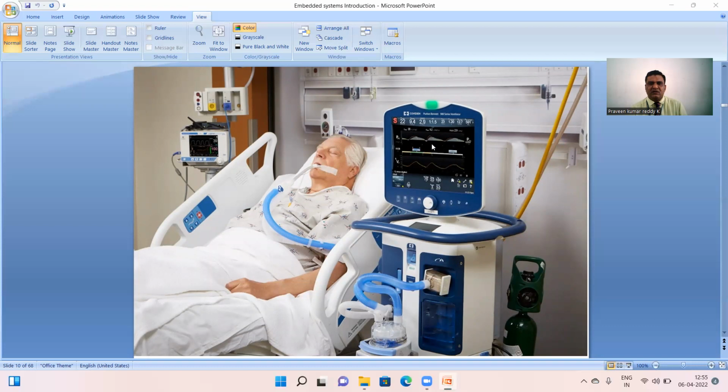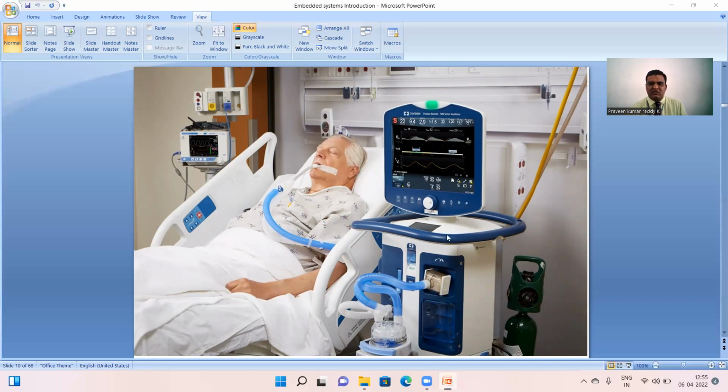This is named the ventilator, which is a life-saving device. When a person cannot breathe by himself or herself, this is an electromechanical system which will give oxygen to the patient. It will inhale and exhale the oxygen from the patient by force, mechanically.